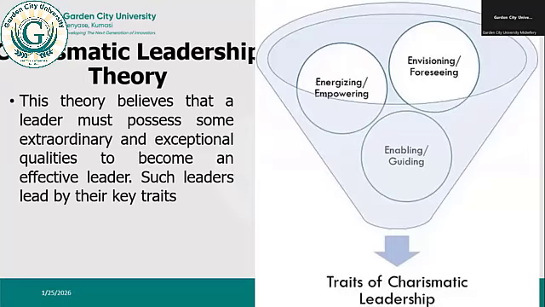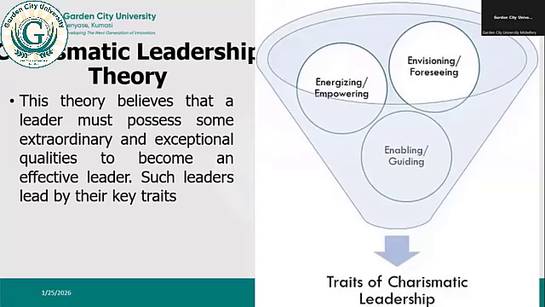Now, when you talk about this particular charismatic theory, you see, it's a sociological construct. And when we talk of a sociological construct, we are talking about a kind of construct that looks at the social dynamics and the social influence in leadership. So Max Weber was the one who first described this type of leadership. His point was that it's a form of leadership based on extraordinary personal qualities.